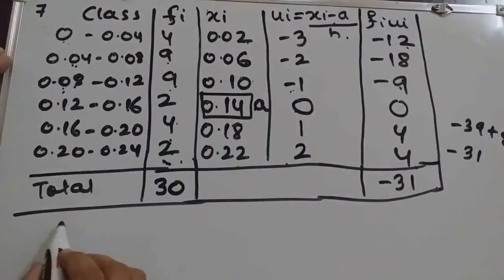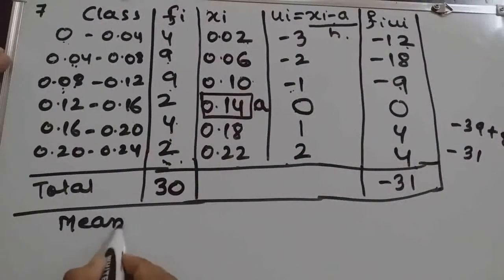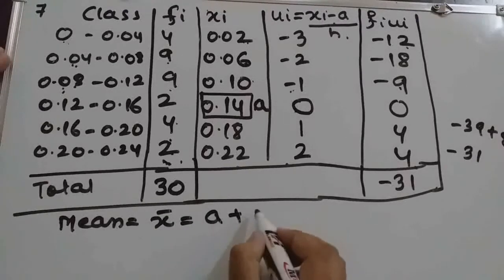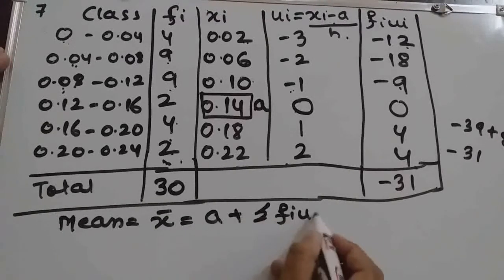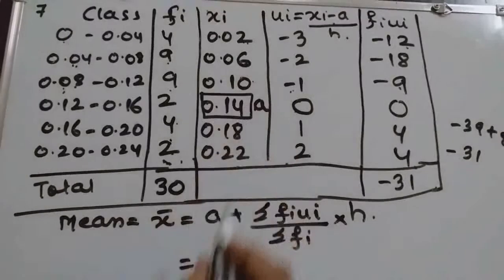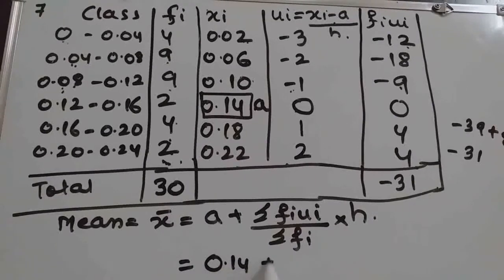Now we'll write the formula here. Mean x bar equals a plus sigma Fi ui divided by sigma Fi into h. See, a we have supposed as 0.14. Sigma Fi ui we got minus 31.